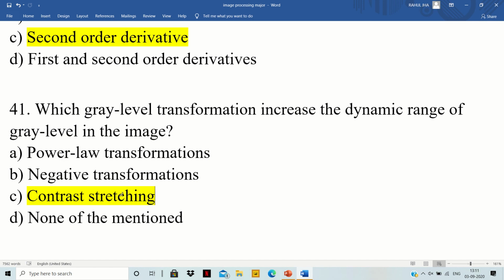It is basically an image enhancement technique. We are using contrast stretching for the purpose of image enhancement, in which we are going through a span of values of intensity. We are changing the intensity values. So that's why the right answer will be contrast stretching, because we are going through a dynamic range of gray level in the image.